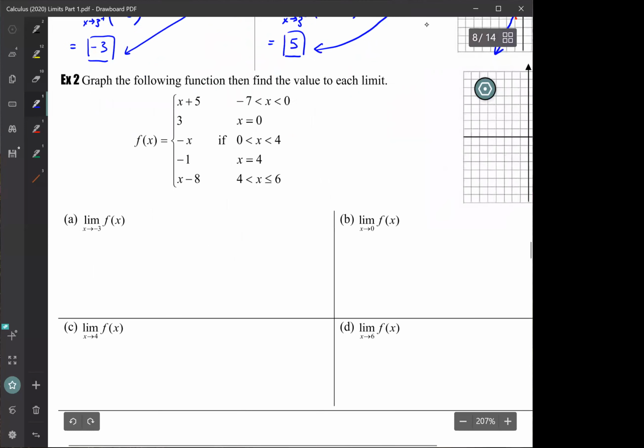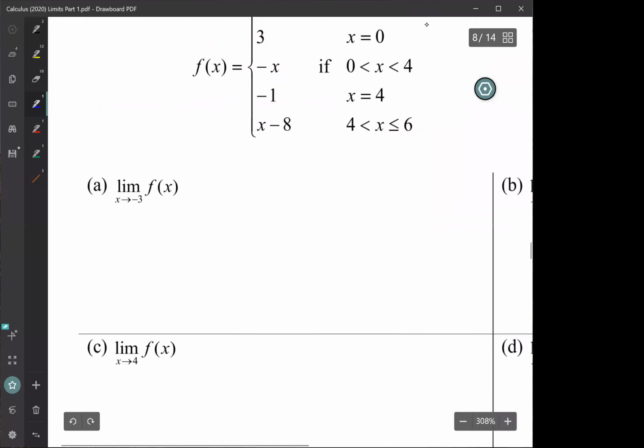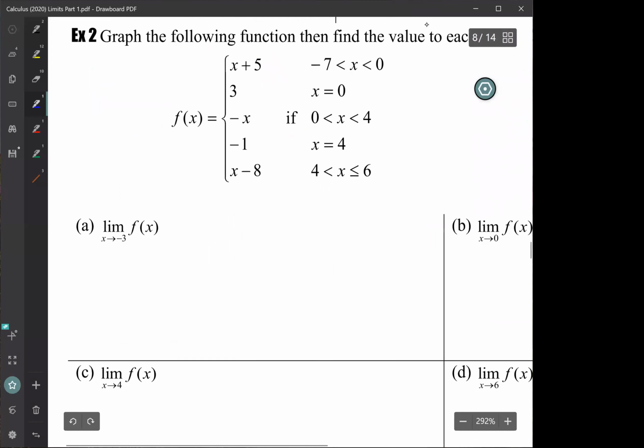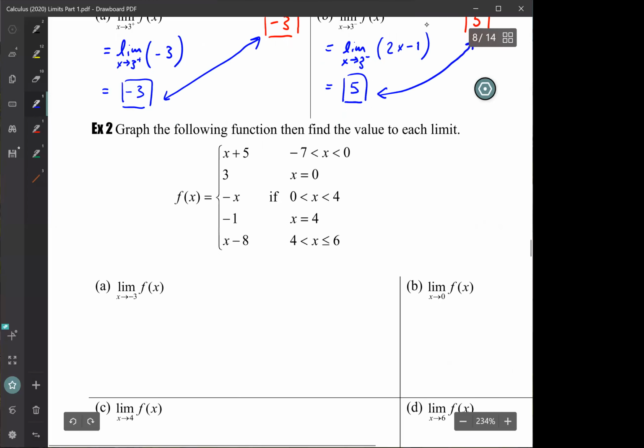If you look at question A, does it tell you left side or right side, Anakin? Can you say that again? For question A, does it tell you to find the limit from the left side or the right side? How do you know if it's looking for the limit from the left side or the right side?